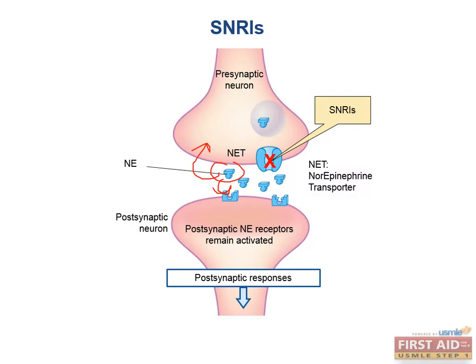So to increase the concentration of norepinephrine in the cleft, medications like SNRIs can block the norepinephrine transporter, or NET. This will cause increased concentration of norepinephrine in the synaptic cleft, which then causes the postsynaptic neuron to remain activated.